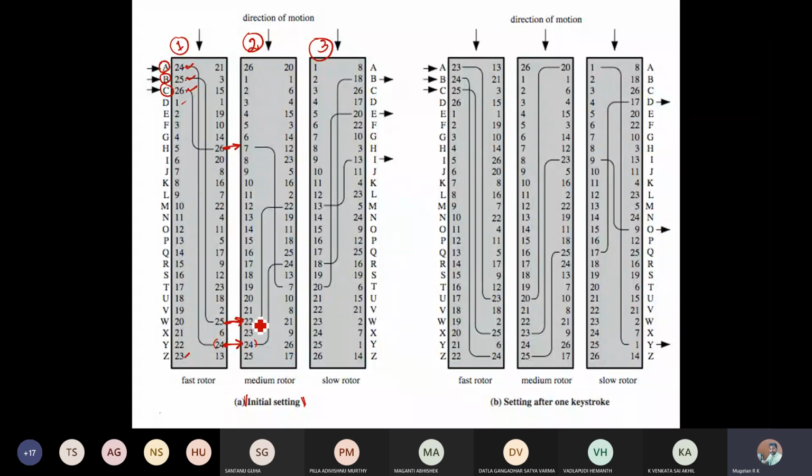Now this 24 is connected to here 24. 22 is connected to 22, and 7 is connected to 7 here. And in the respective third gear, you can see 7 is connected to 20, 24 is connected to 18, and 22 is connected to 13. Now the output will be taken from the output pins of the third gear.